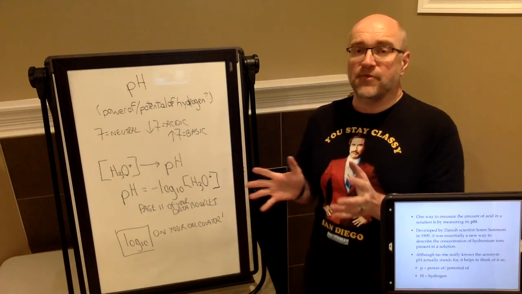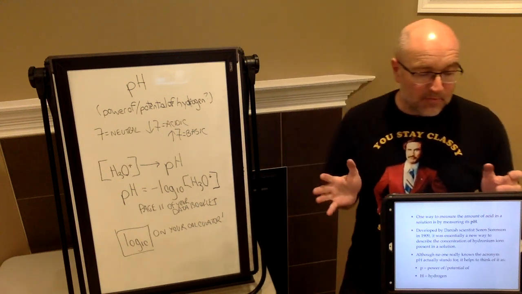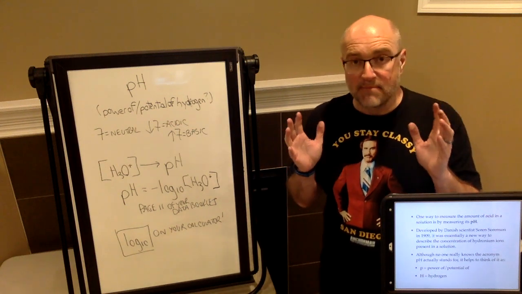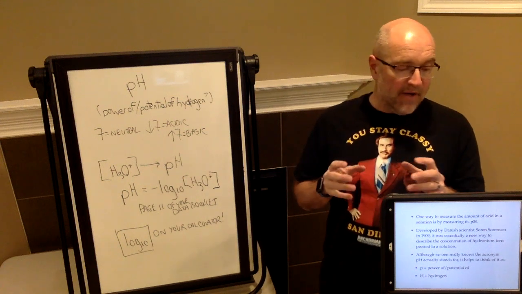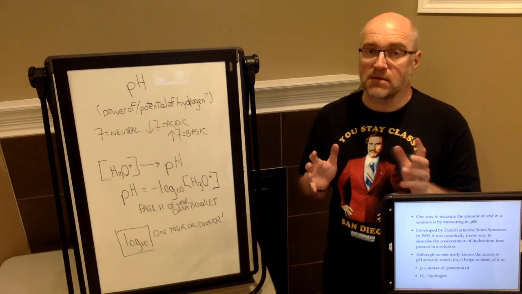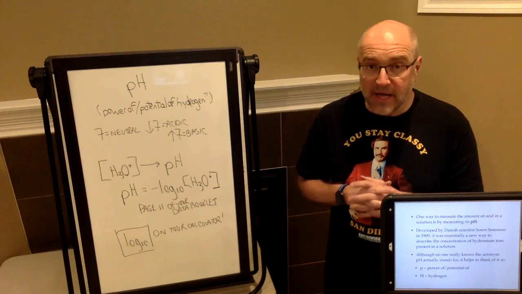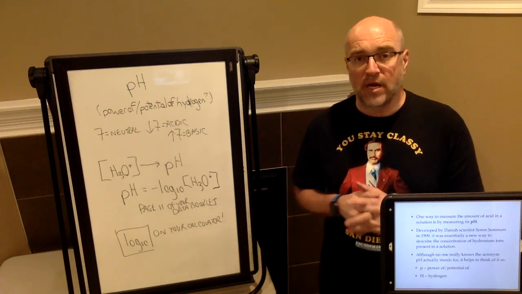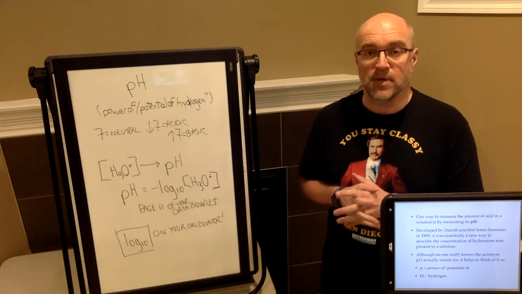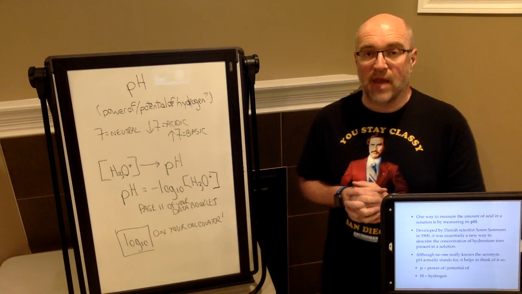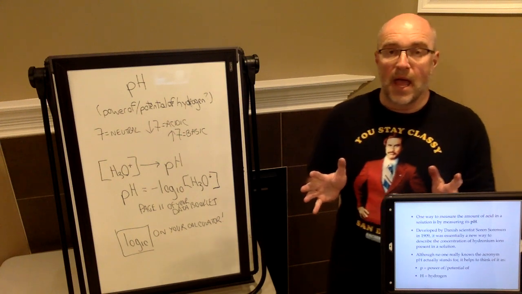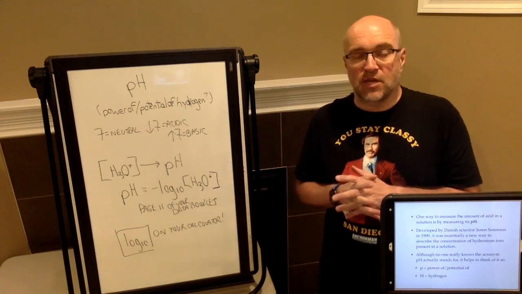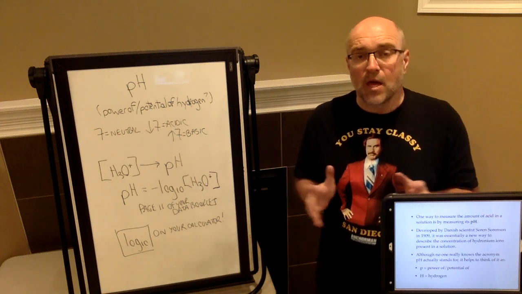So first of all, what is pH? Well, it's a way to measure the amount of an acid in a solution. That's basically what it is. This form of measurement was developed in the early 20th century by a scientist by the name of Søren Sørensen. There's been a lot of speculation as to what pH means.